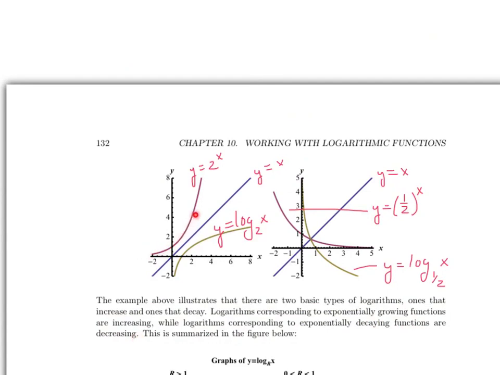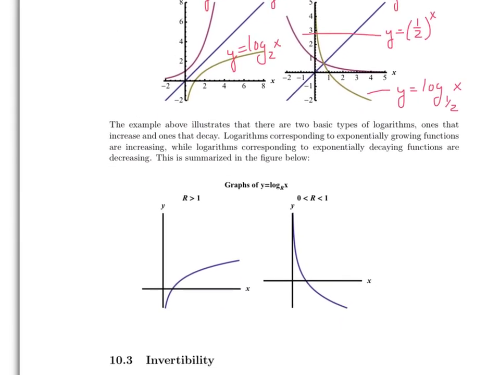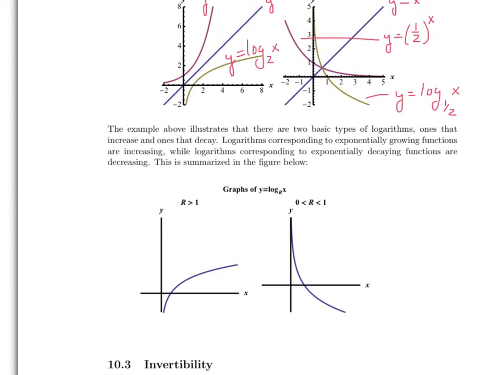So notice that when the exponential function is growing, so is the corresponding logarithm. If the exponential function is decreasing, so is the corresponding logarithm. This is illustrated in the figure below.